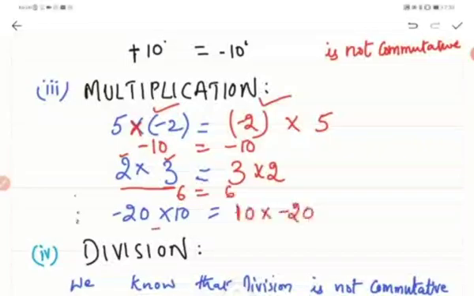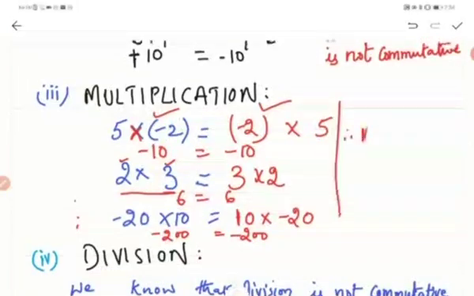So this is minus 200, this is also equal to minus 200. Therefore, what is the inference you get? Multiplication is commutative.